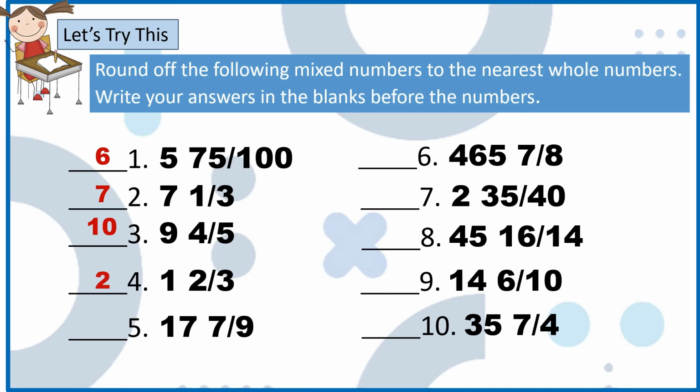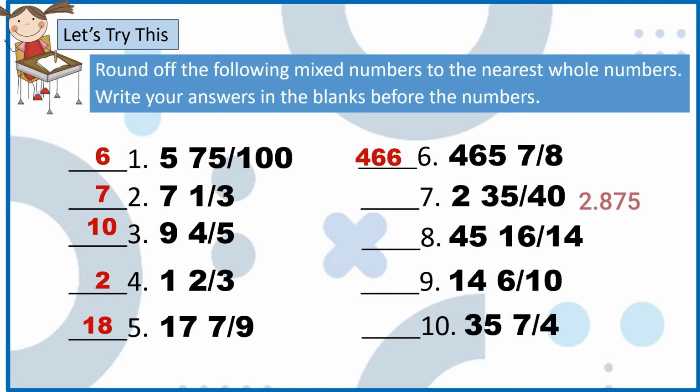7 divided by 9 equals 0.77. And 17.77 rounded off to the nearest whole number is 18. 7 divided by 8 equals 0.875. 465.875 rounded off to the nearest whole number is 466. 35 over 40, or 35 divided by 40, is 0.875 also.